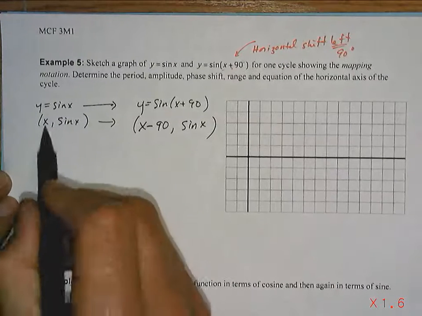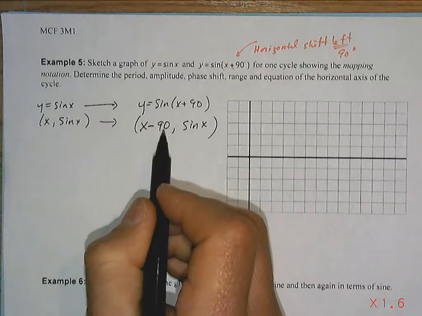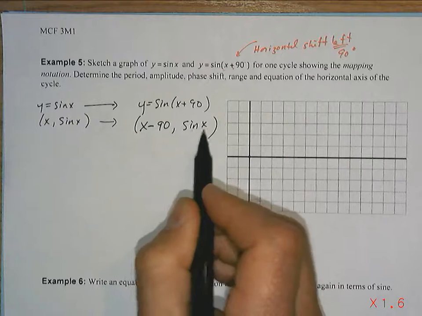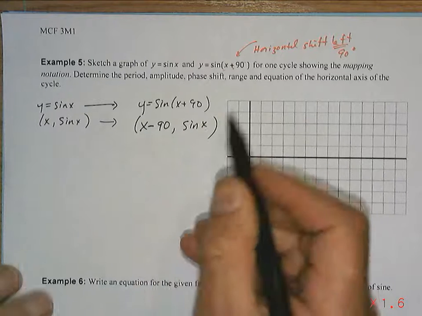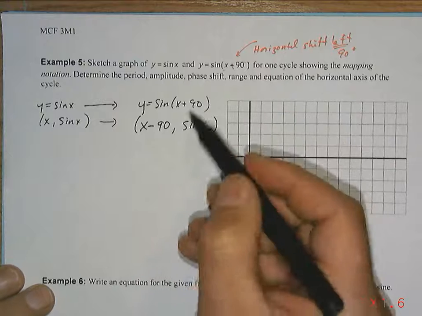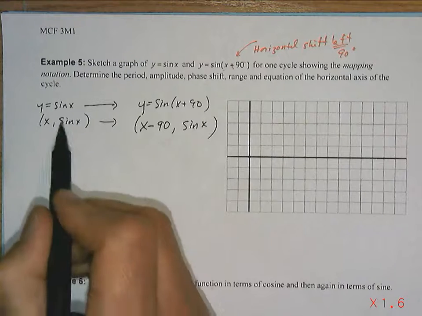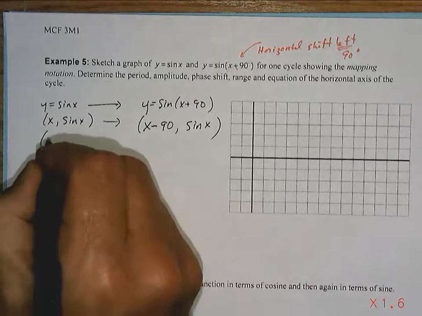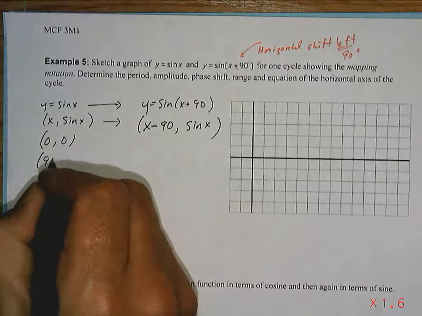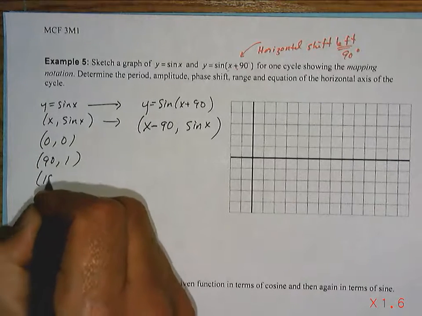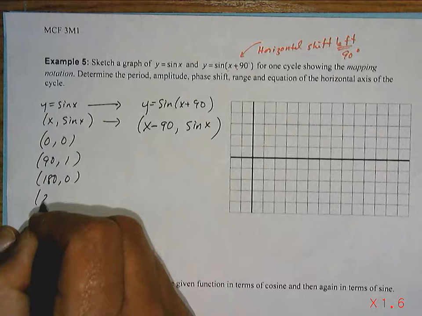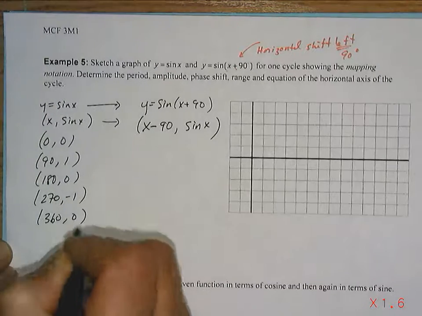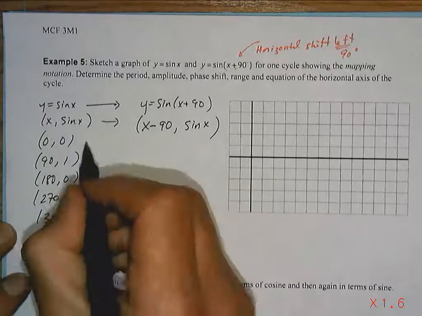Whatever x values we have here, we take 90 degrees away from it. Whatever sine x values we have here, they are the same here. A horizontal shift does not change the y-axis, only the x-axis. So it's going to start at 0, 0, 90, 1, 180, 0, 270, -1, and 360, 0. We know that. That's always the case.